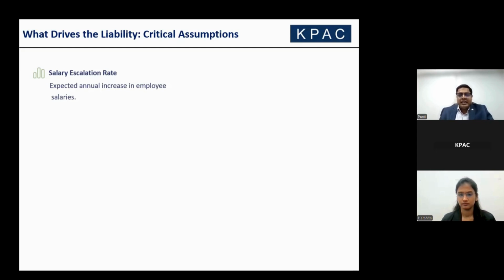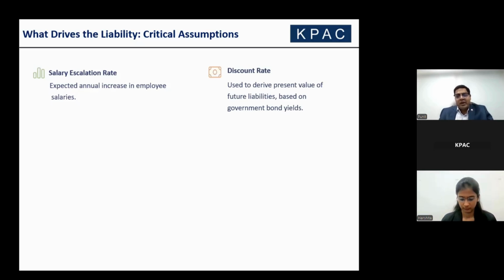This is the expected annual increase in employee salaries. Future leave payouts will be at future salaries. So, this projection is important. Discount rate is used to derive the present value of future liabilities. It reflects the time value of money and is typically based on the government bond yields for the estimated term of obligation.